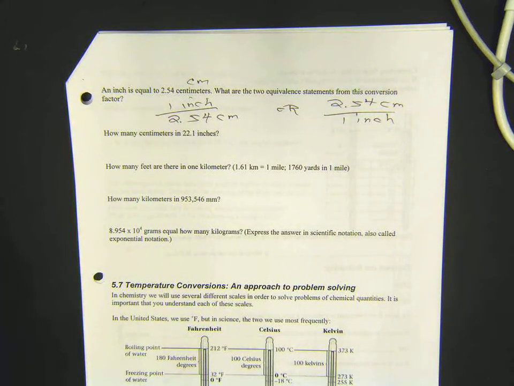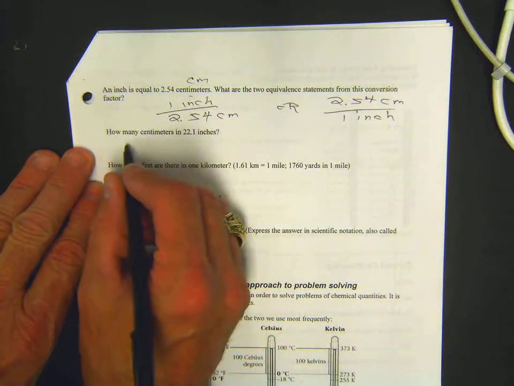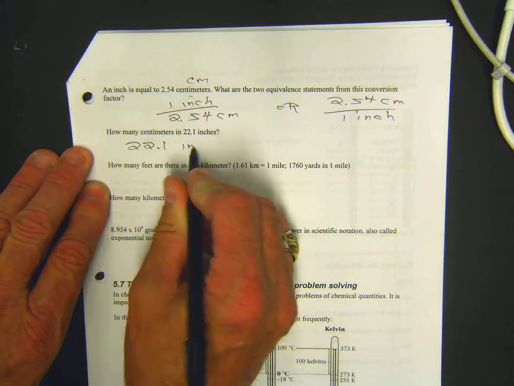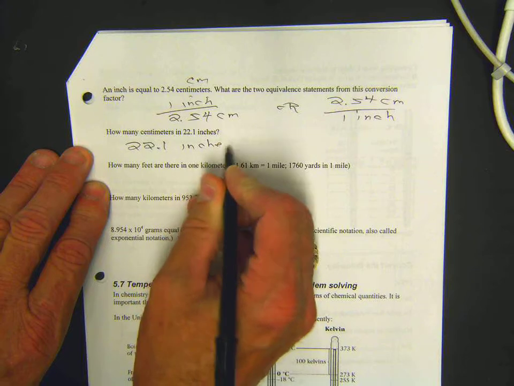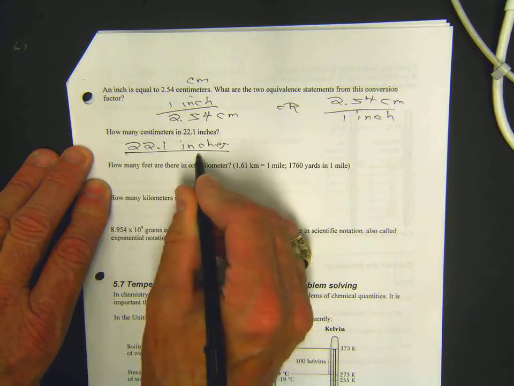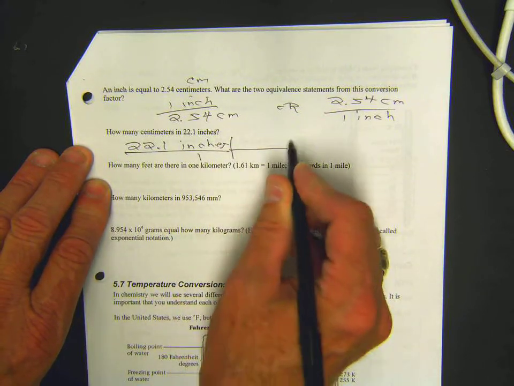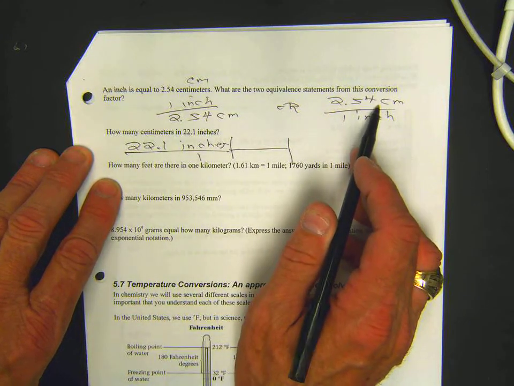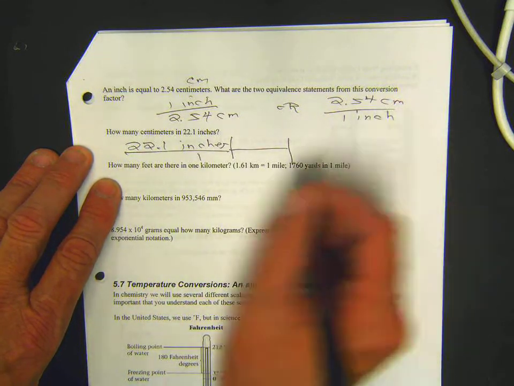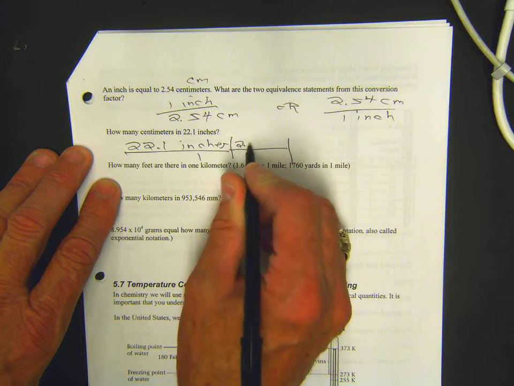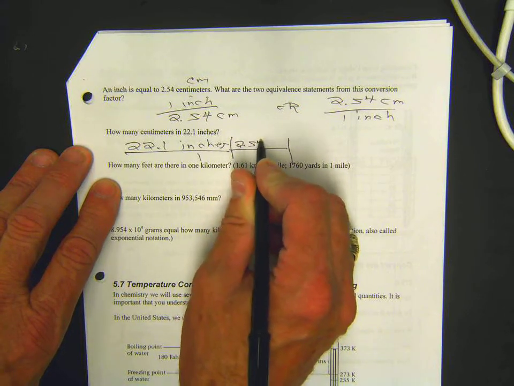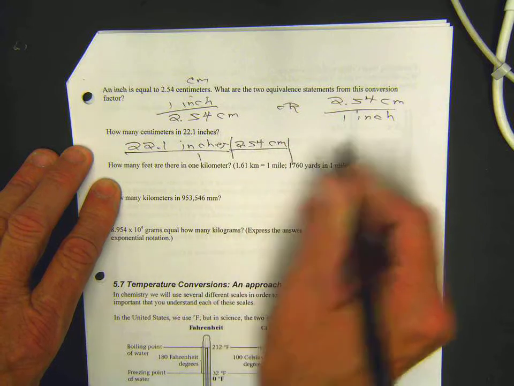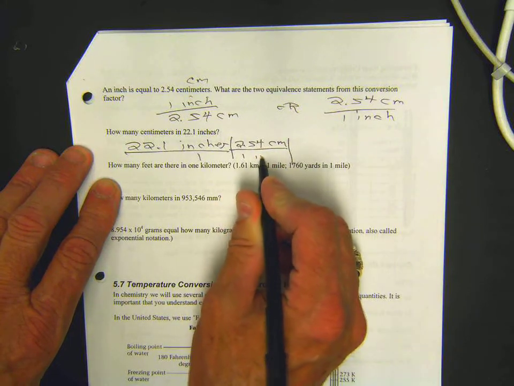All right, how many centimeters are in 22.1 inches? So we're going to take 22.1 inches, put this over 1. My conversion factor, since I'm looking for centimeters, I'm going to pick this one right here because I want centimeters on top. This is going to be 2.54 cm divided by 1 inch.